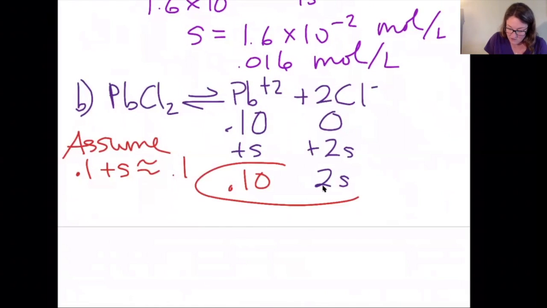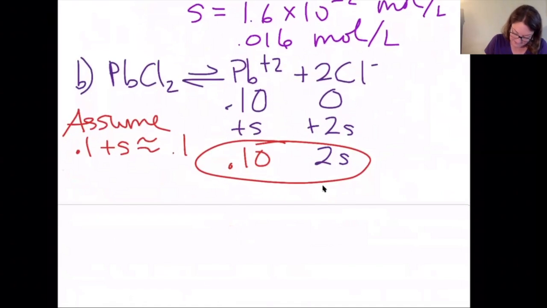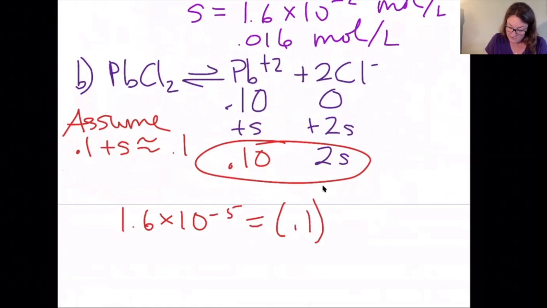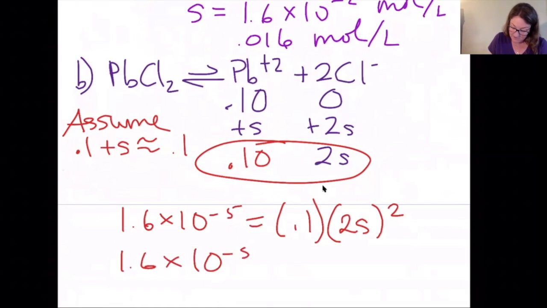These values are going to get plugged into my Ksp expression now. My Ksp value was 1.6 times 10 to the negative fifth, and that's going to equal 0.1 times (2S) squared, or 1.6 times 10 to the negative fifth equals 0.1 times 4S squared.